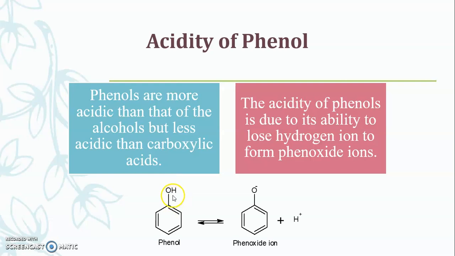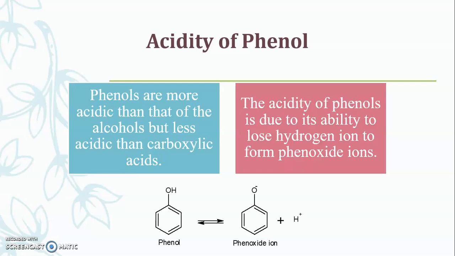Because the hydrogen atom has the positive charge, as the electrons of oxygen are donated to the aromatic system, the net electrons present on the oxygen become less, and due to which the ability of oxygen to form a strong bond with the hydrogen decreases. So it is easily lost, easily donated to the neighboring element, and it will be converted into the phenoxide ion.